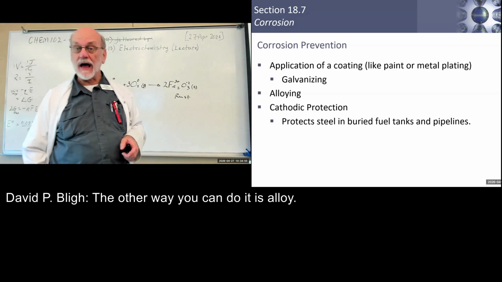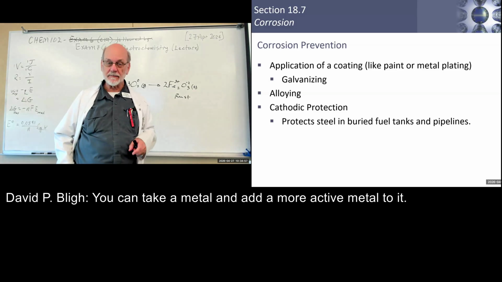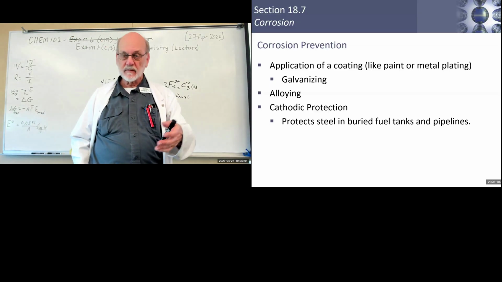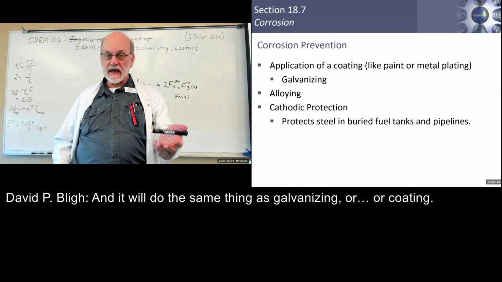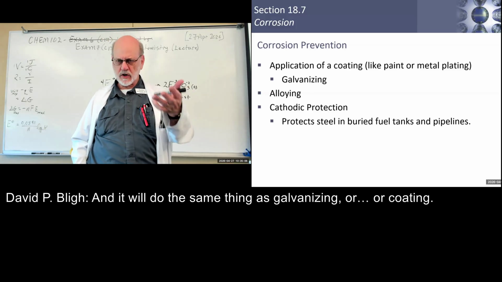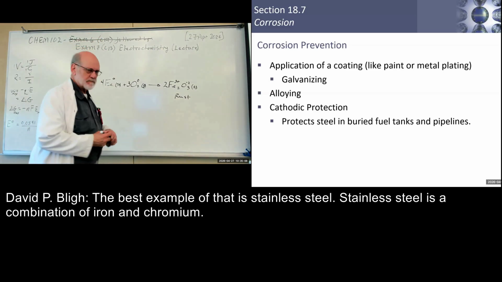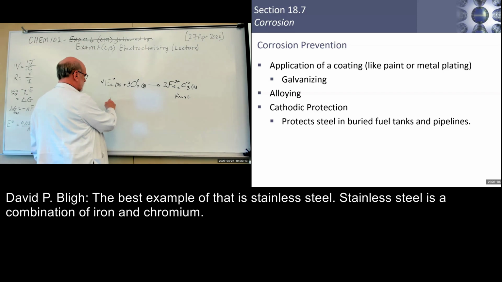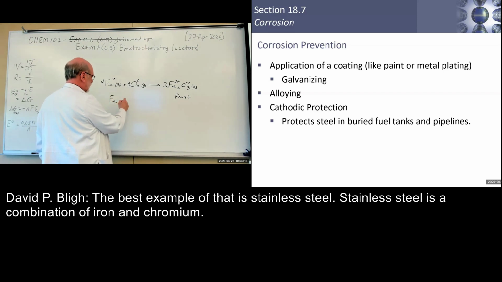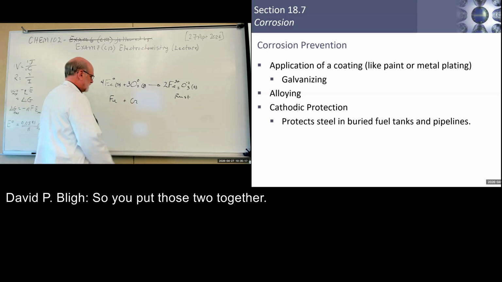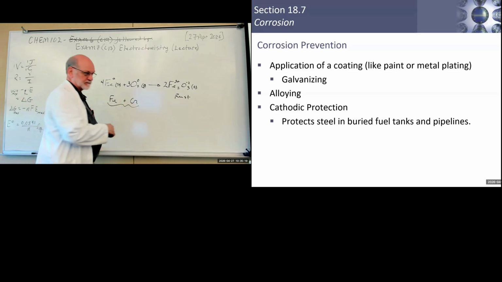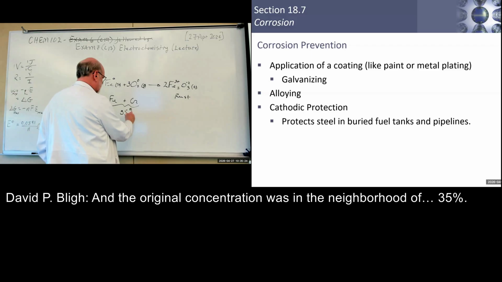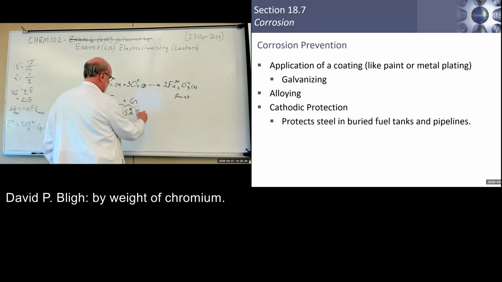The other way you can do it is alloy. You can take a metal and add a more active metal to it, and it will do the same thing as galvanizing or coating. The best example of that is stainless steel. Stainless steel is a combination of iron and chromium. So you put those two together, and the original concentration was in the neighborhood of 35% by weight of chromium.